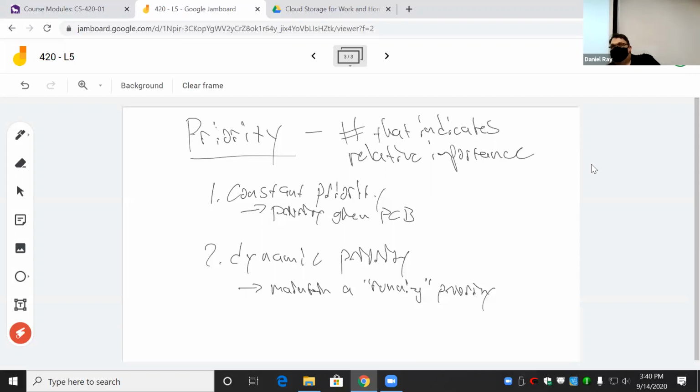But if all your processes have to be given a priority value when they are created, then that means that the movement of the system through the processes can't do anything to change the relative priority of the processes.